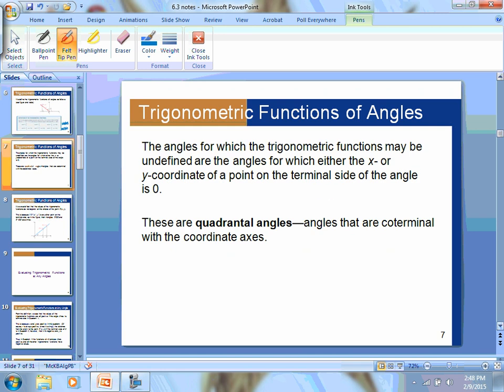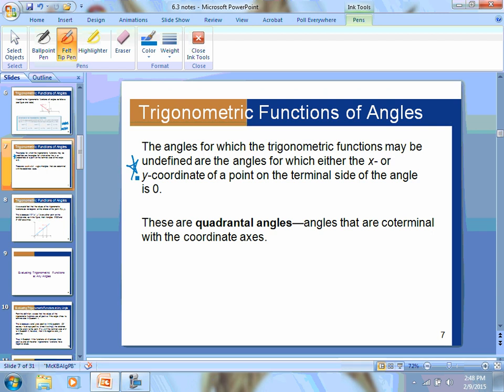Now, the one thing we have to remember is that the trig functions might be undefined when the denominator of any of those ratios is going to be 0. So if you have an x or a y or an r value that's 0, then if that 0 is in the denominator, that function will be undefined.